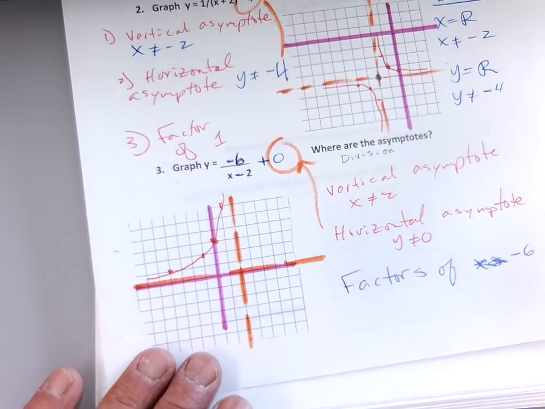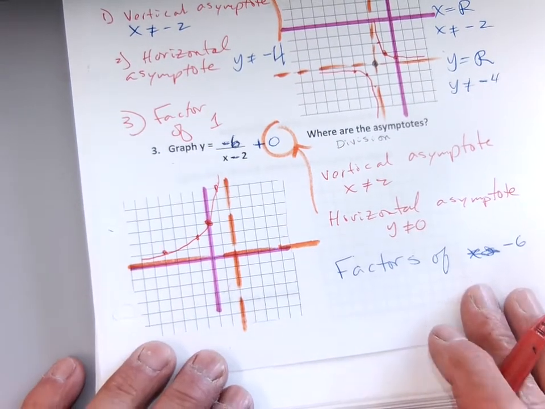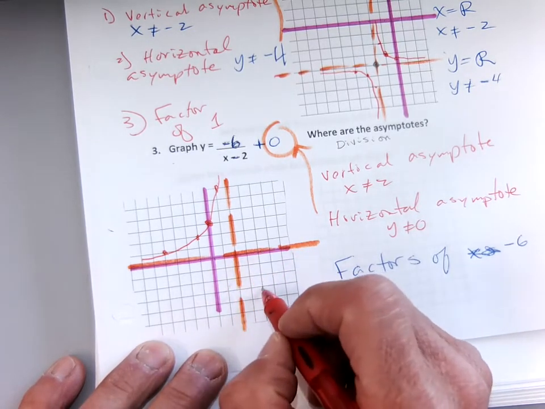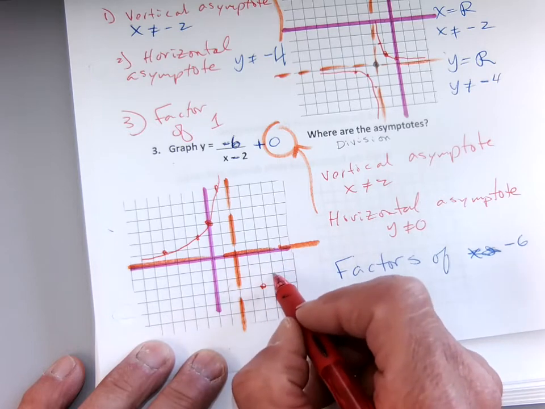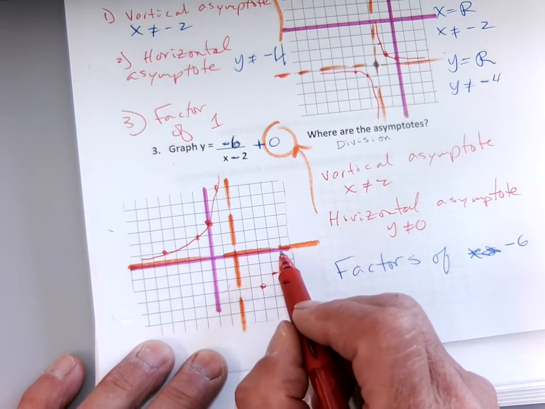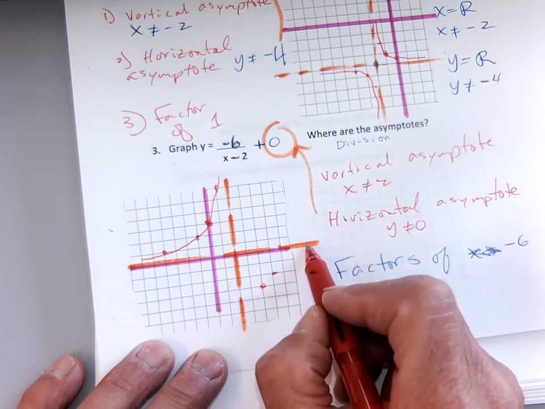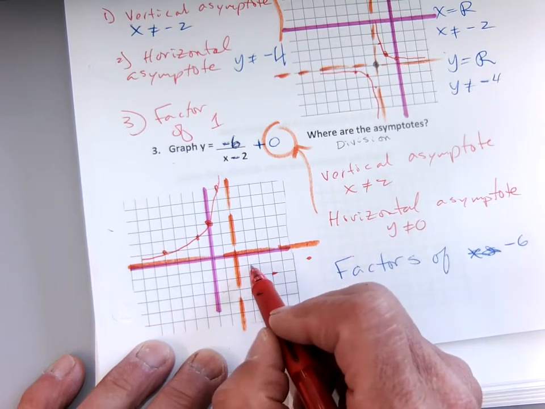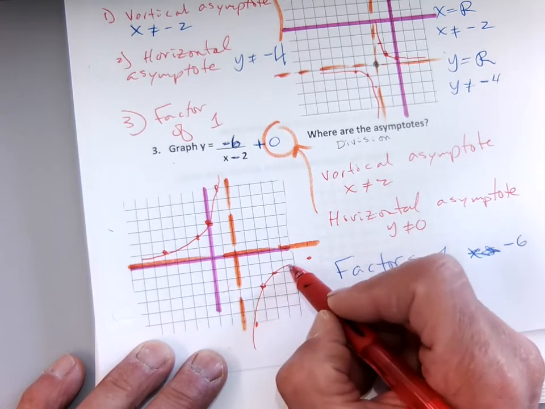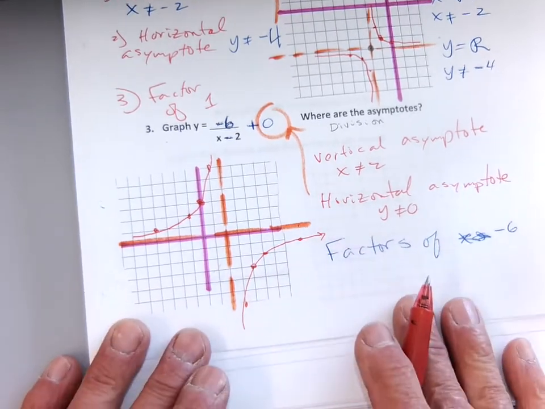Where's the other half of the graph? What we do from here? Do the same thing. We're going to go 2 and -3, 3 and -2, 6 and -1, and 1 and 6. There it is, okay? What do you think?